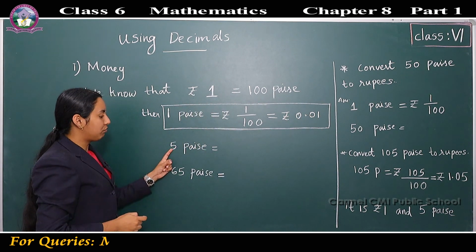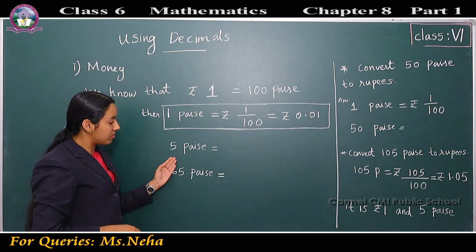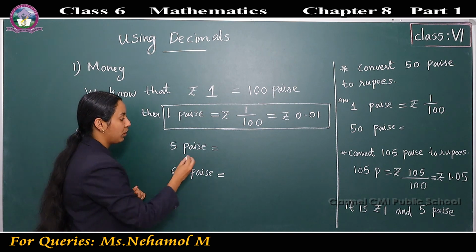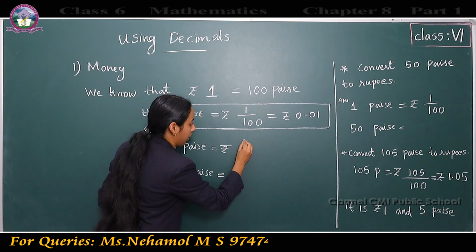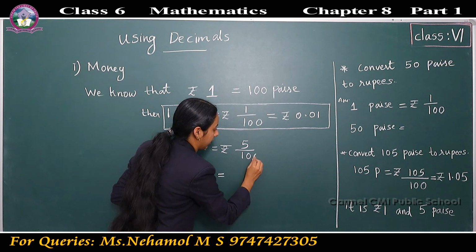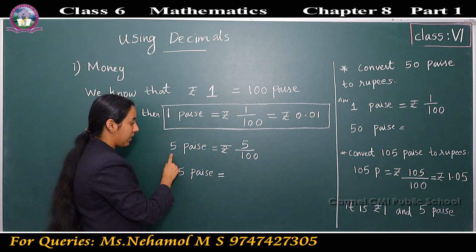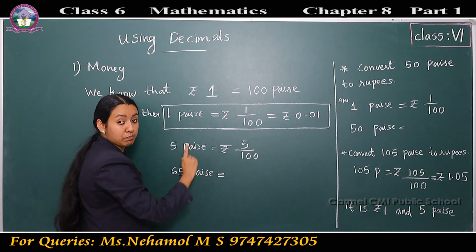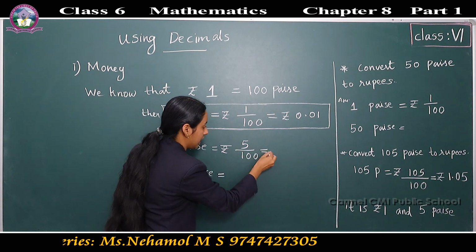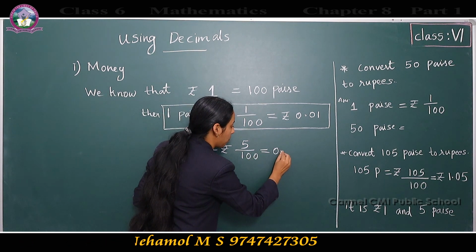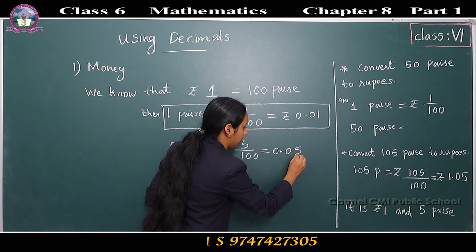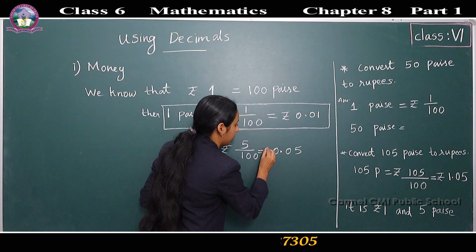Then what about 5 paise? 5 paise means how much in rupees? Rupees 5 by 100, which is equal to 0.05 rupees.